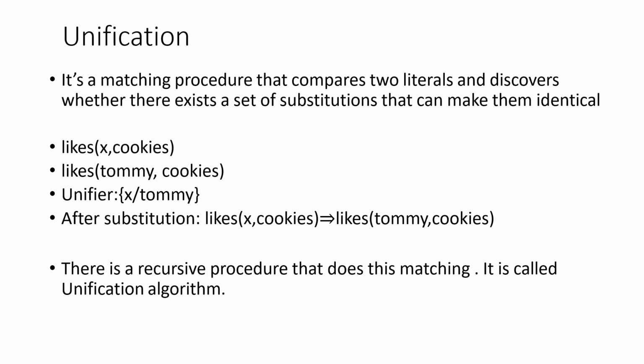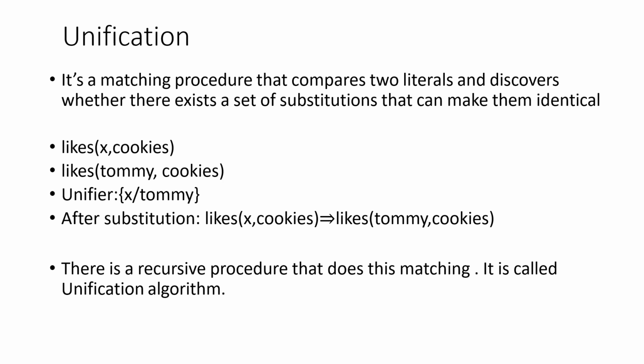In first order logic, literals may contain variables. The resolution actually requires exact matching of the literals, so unification finds the substitution that makes the matching possible. We will see the unification algorithm.